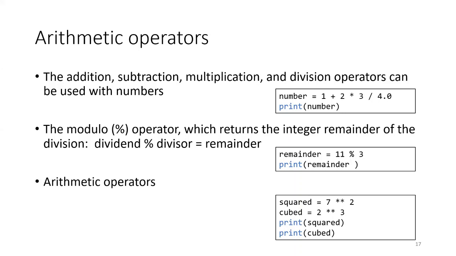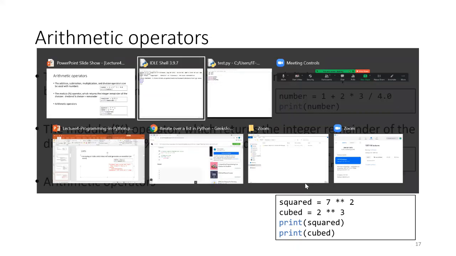And there are other arithmetic operators such as power. When we want to write, for example, 7 to the power of 2, we need to put 2 asterisks followed by each other without any space in the middle. Let's try some of these.